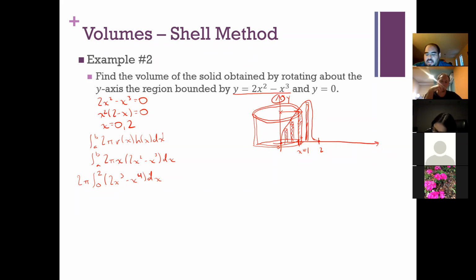I think we've done it. We've found our limits of integration. We have found expressions for radius and height. We have set up the integral, and really that's most of the hard work, if not all of it. Now it's just a matter of computing. Does anybody happen to have a final number yet we can shoot for?